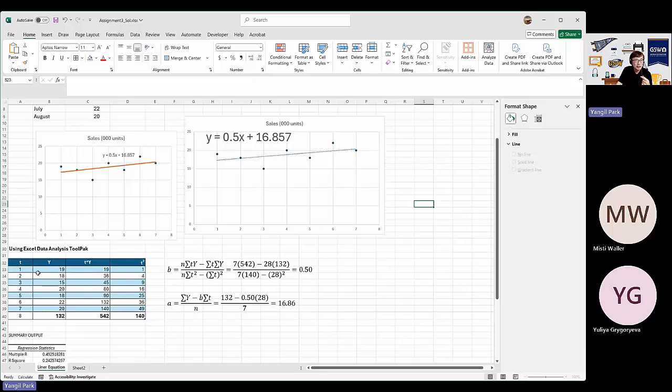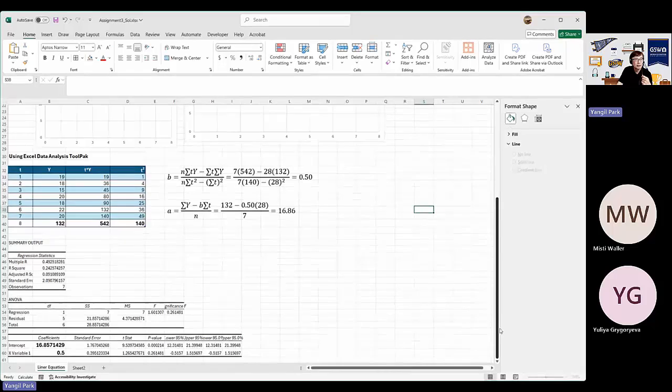Then with this table, again, you don't have to do it this way. You can do your own way, but you need to plug into the formula to find 0.5. Even though you have the equation, you need to show the steps. Okay. So that's what you get.